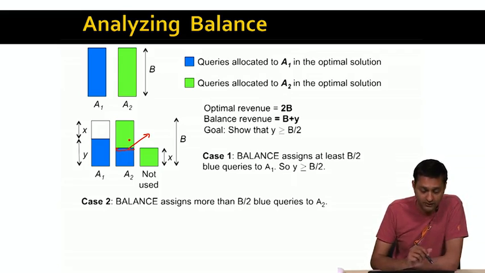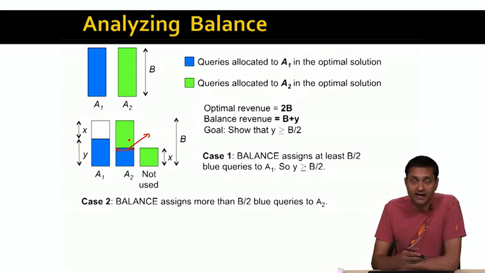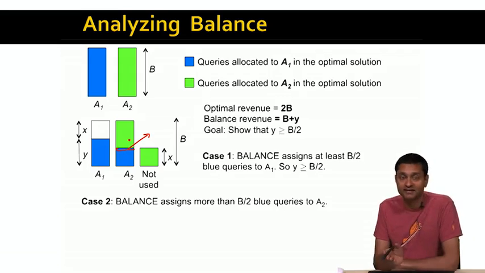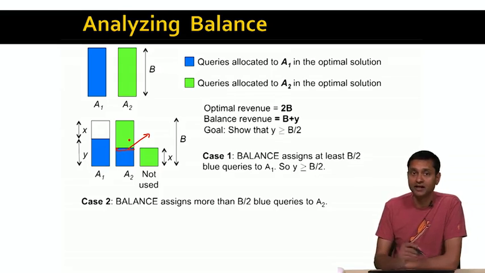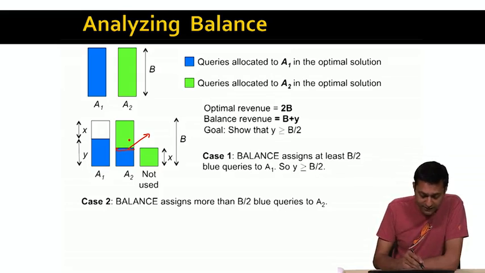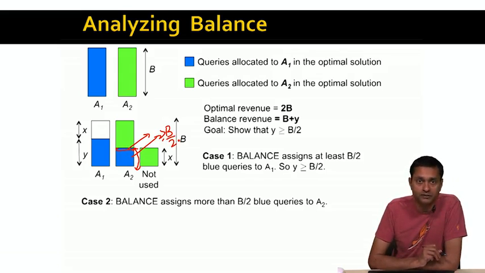Okay. This is just another way of saying that at this point, the number of queries assigned to A1 must have been greater than the number of queries assigned to A2, since both started out with the same budget in the beginning. Now, we know that at least B/2 blue queries have already been assigned to A2 at this point, right?